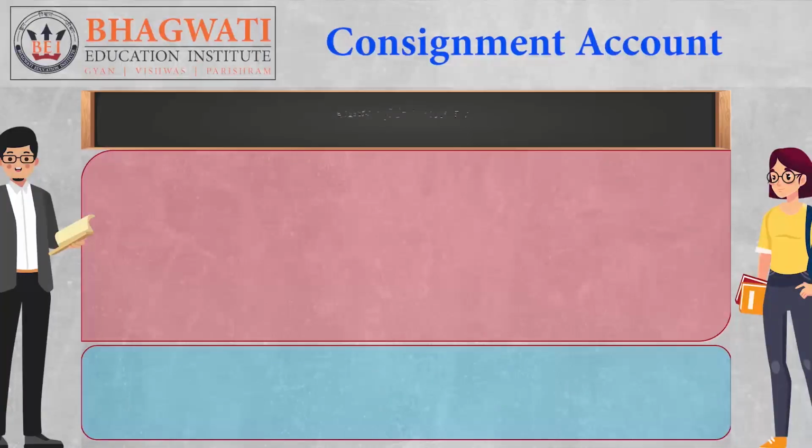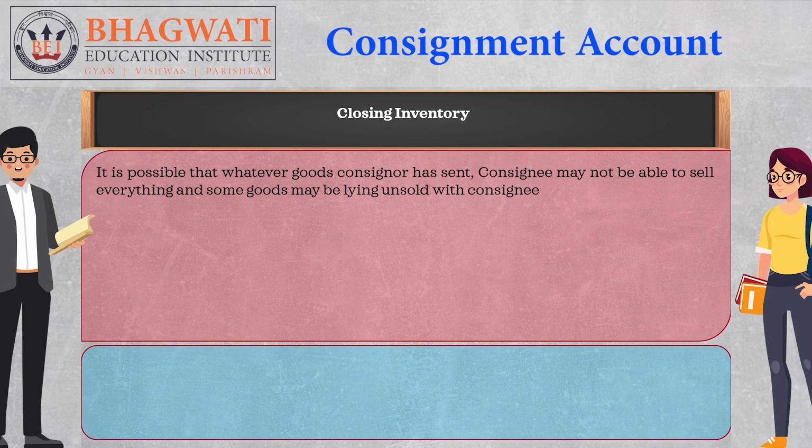The next transaction we have is closing inventory. Now it's quite obvious that whatever goods the consignor is sending to the consignee, he may not be able to sell all the goods during that particular period, and he might be having some goods lying unsold with him. So this is nothing but consignment inventory. Clear?